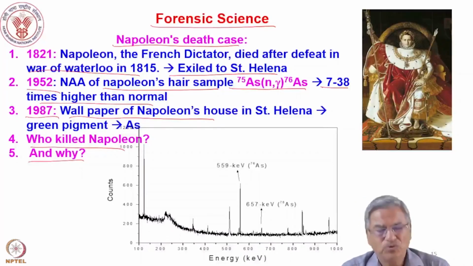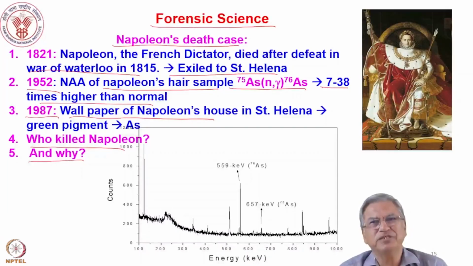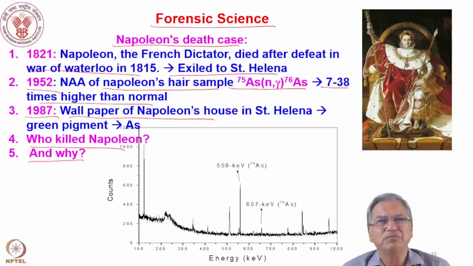They wanted to know whether he was really poisoned by arsenic. We don't know. But a lot of research went in, and neutron activation played an important role in reaching the conclusion that Napoleon's hair contained a larger concentration of arsenic than is present in normal people.